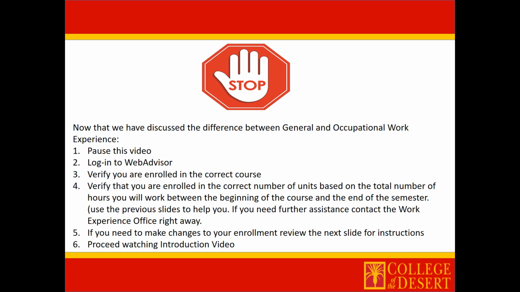Additionally, verify that you enrolled in the correct number of units based on the total number of hours you will work between the beginning of the course and the end of the semester. Use the previous slides to help you, and if you need further assistance, please contact the Work Experience Office right away. If you need to make changes to your enrollment, we're going to review the next slide for instructions, and proceed watching the video.